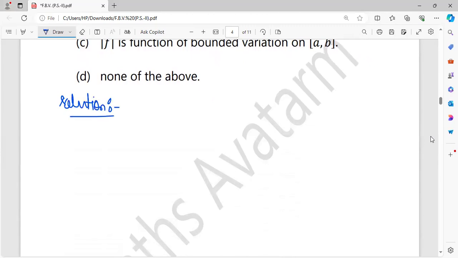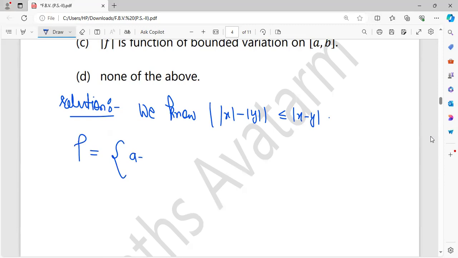We know this inequality: the absolute value of x minus the absolute value of y is always less than or equal to the absolute value of x minus y. Let P be a partition.